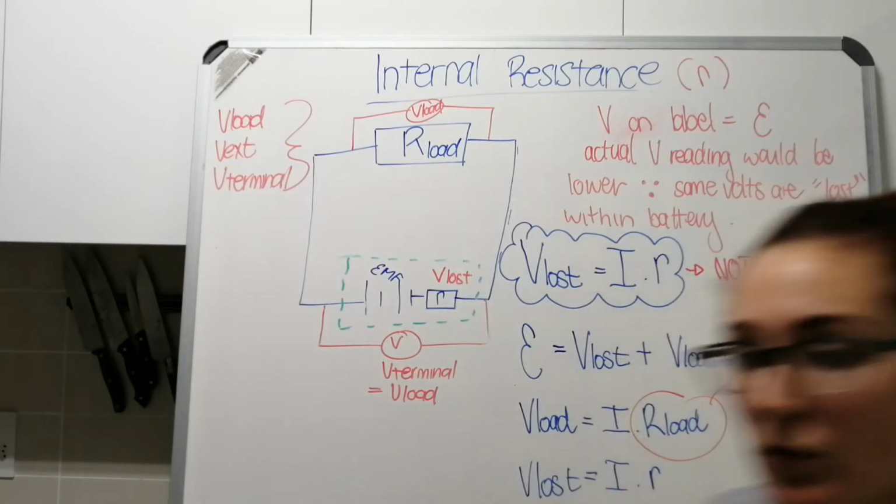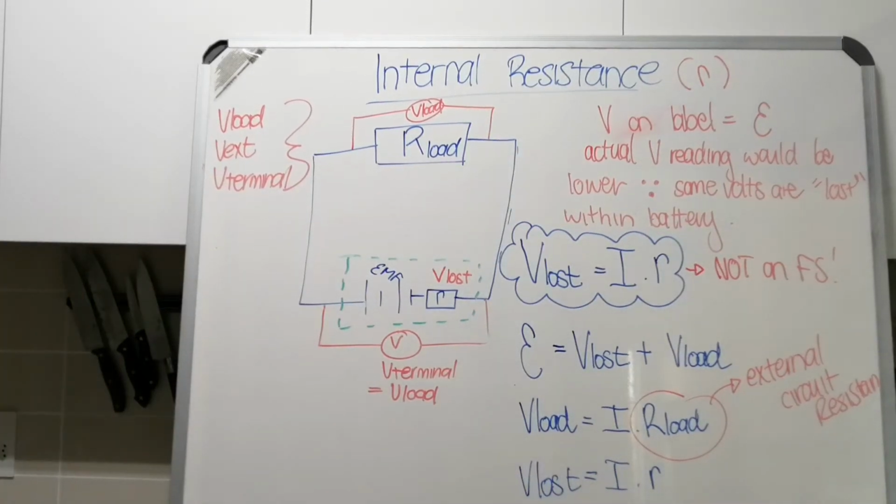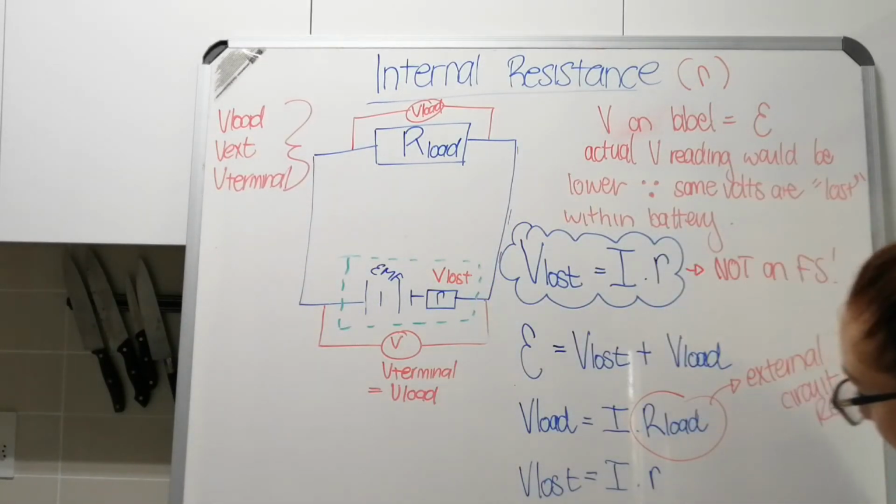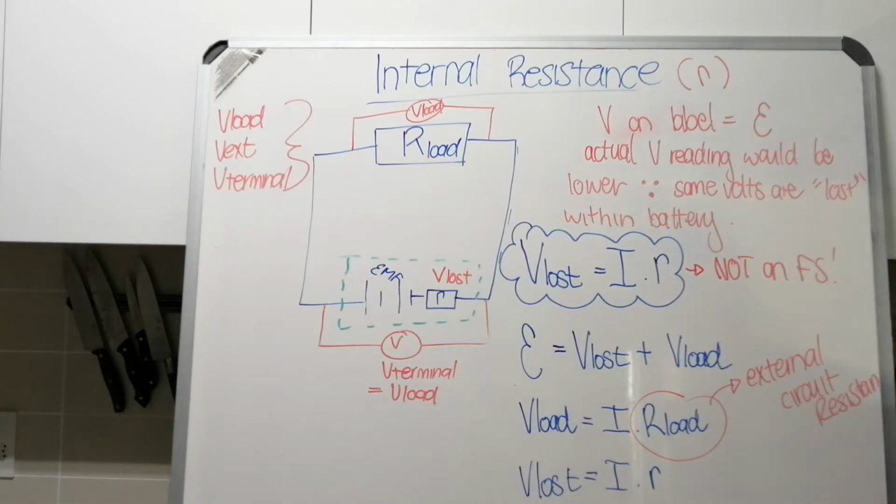Now in terms of your formula sheet, I just want to double check. Of these formulae, this one down here at the bottom is the only one on your formula sheet. I have again attached a copy of your formula sheet and highlighted the ones that are applicable to this section. The only internal resistance formula on your formula sheet is this one at the bottom here.